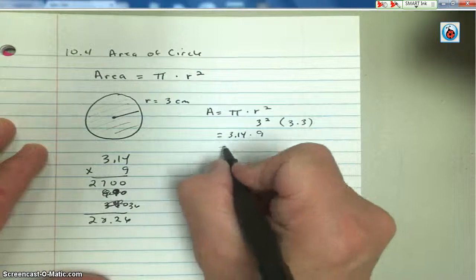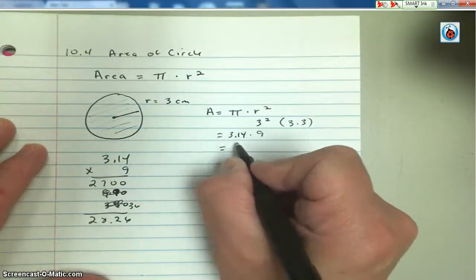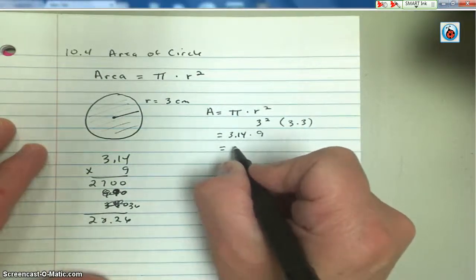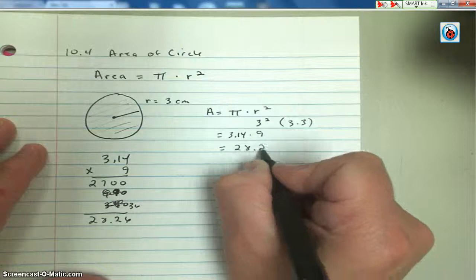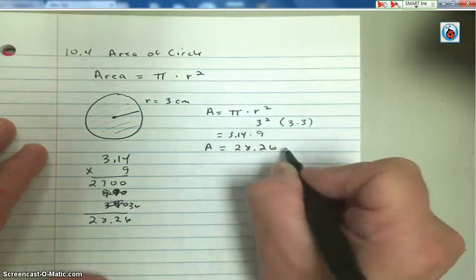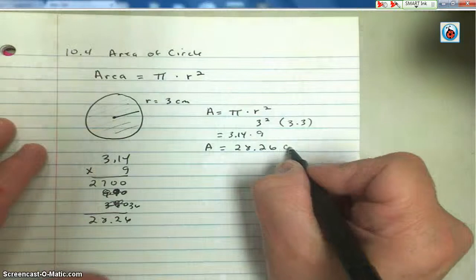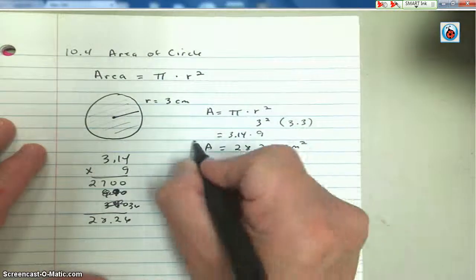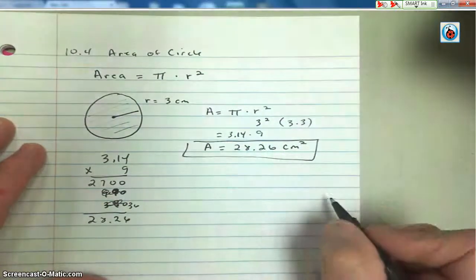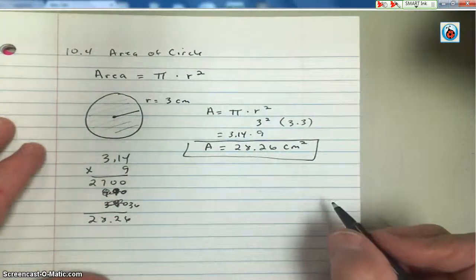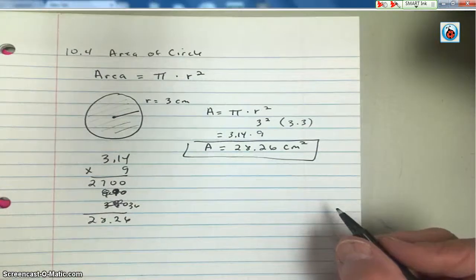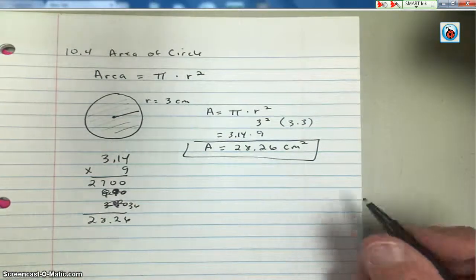So our calculation for the area of this circle is 28.26. We're going to put area is equal to 28.26, and because this is area, we're going to label it centimeters squared. Now let's move on to some other examples.